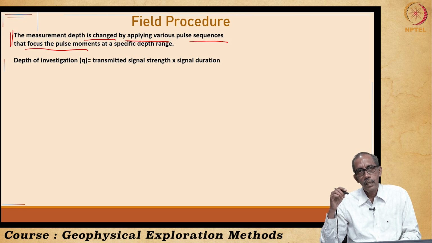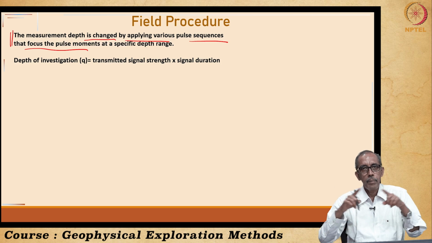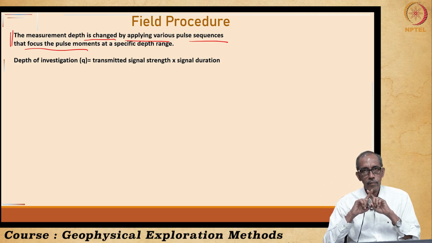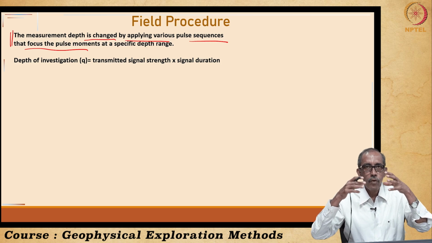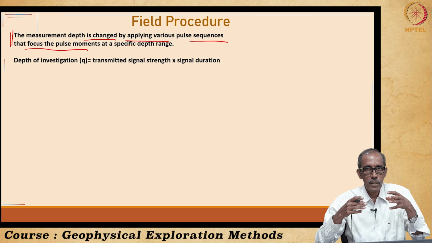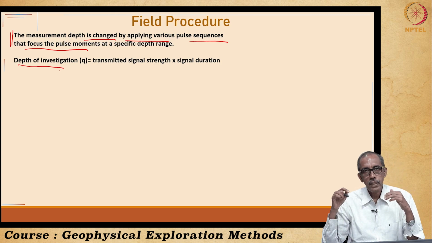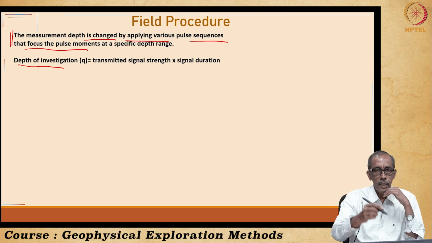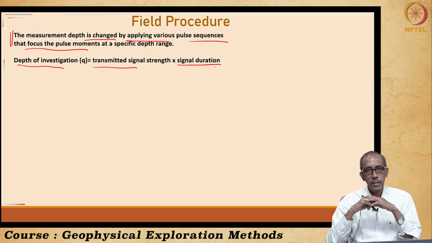That means, the alternating magnetic field which we create by laying a loop on the surface helps us to understand the magnetic moments of the protons in the fluid, right. How are we able to focus our attention on different depths beneath the surface? We are able to do that because the depth of investigation using the NMR technique is equivalent to the transmitted signal strength multiplied by the duration of the signal, right.